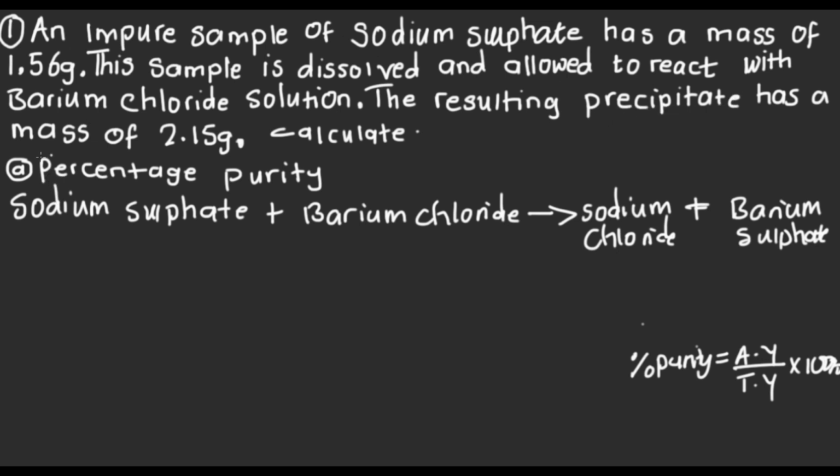So let's convert this word equation into a chemical equation. So number one, the symbol for sodium is Na and it has a valence of 1 since it is coming from group 1. Then the sulfate is a radical SO4 with the valence of 2. So if we cross these numbers, then we are getting the chemical formula of sodium sulfate as Na2SO4.